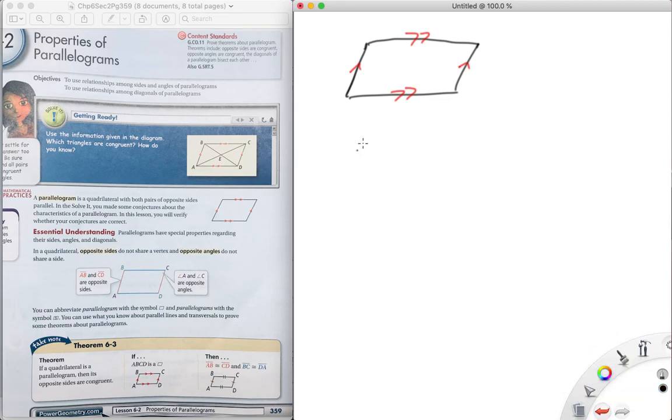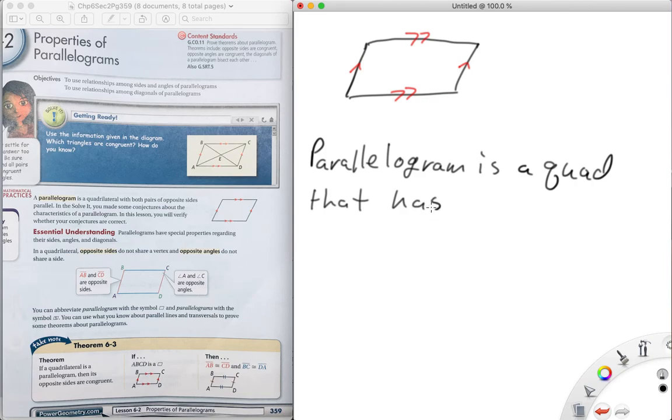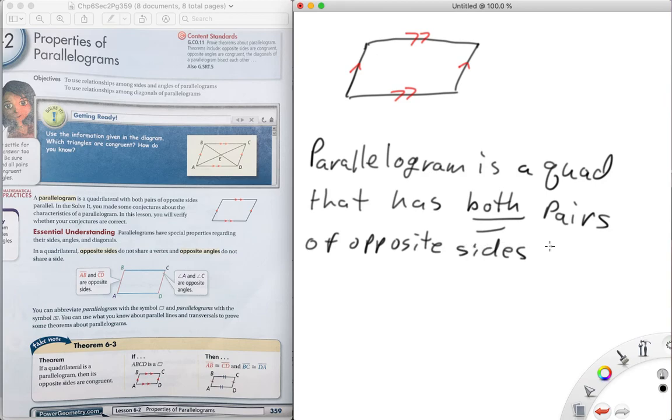We're going to find out some other characteristics as well, but a parallelogram is a quadrilateral that has both pairs of opposite sides that are parallel.